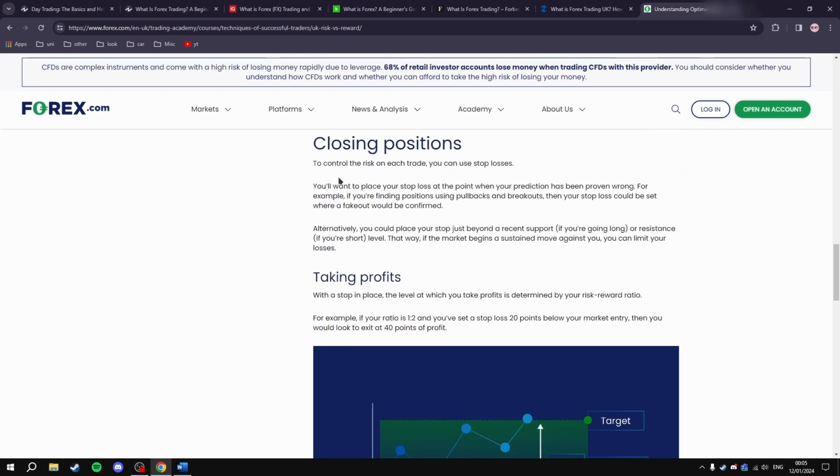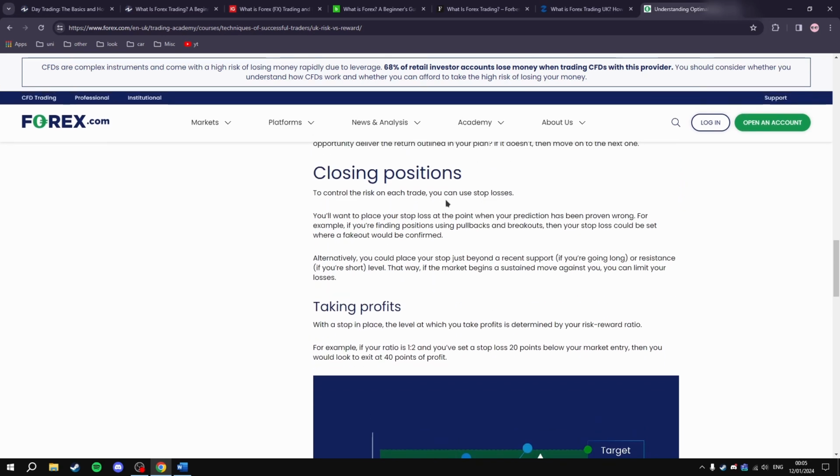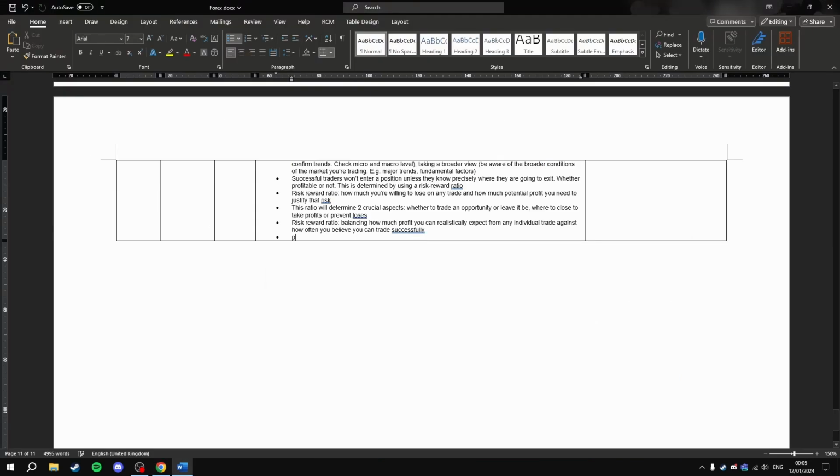Closing positions. To control the risk on each trade, you can use stop losses. You'll want to place your stop loss at a point where your prediction has been proven wrong.